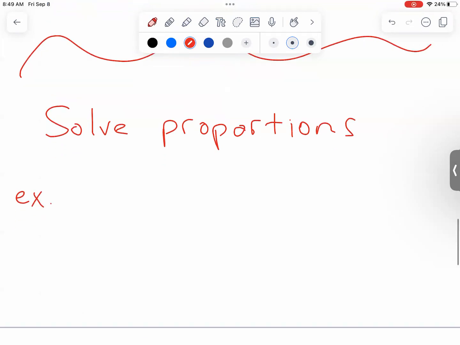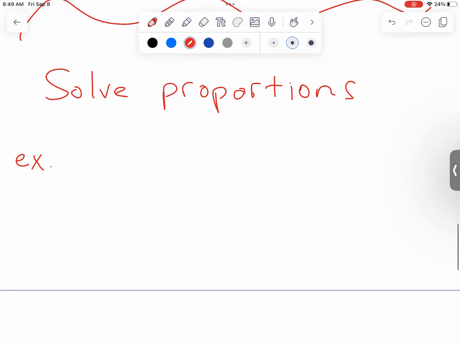A proportion is when you have two fractions set equal to each other. Like if we had 9 over x is equal to 3 over 8. Okay, that's a proportion because we have two fractions set equal to each other. All right, well, here is what we do.